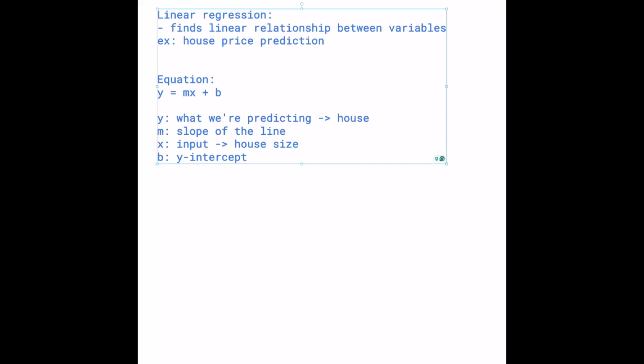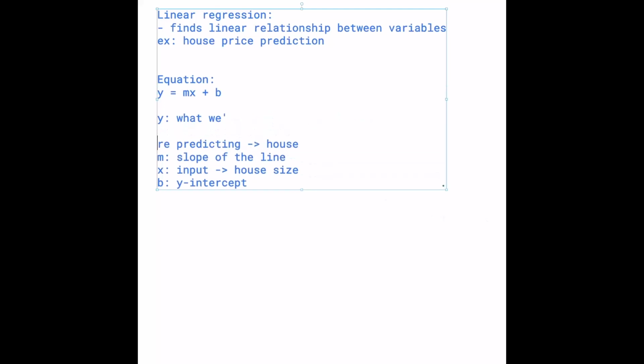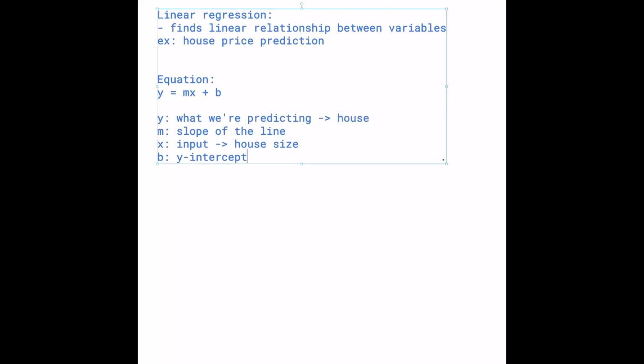So, if we're talking about how linear regression actually works, we're basically given two data sets, so x data and y data. Each data set will have values of x and y, and we can plot the data on a graph.